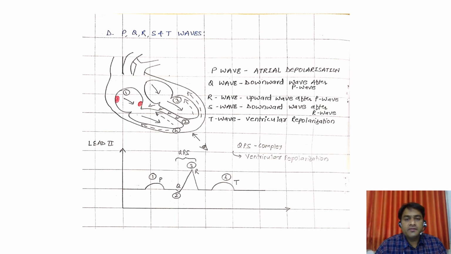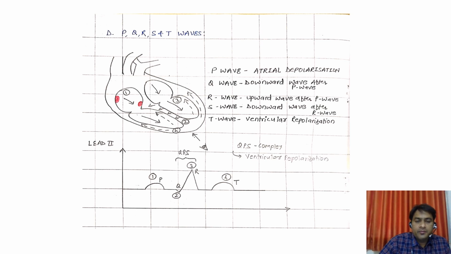So the different waves we can record with the normal ECG are the P, Q, R, S, and T waves. These are the different waves you can record with the ECG. The P wave is because of atrial depolarization.